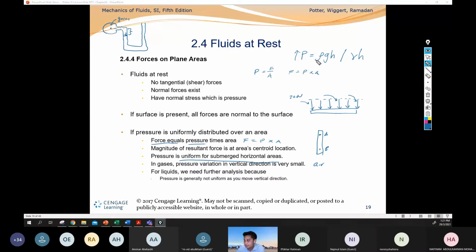Because the density as well as the specific weight is very, very small compared to the density of the liquid. For the case of gas, you can ignore the pressure of this elevation. However, if this is liquid, for example like oil or mercury, you have to consider it because of the higher density as well as specific weight.